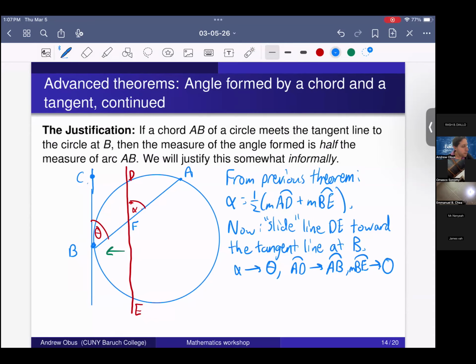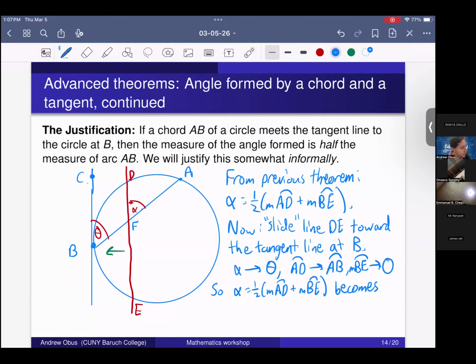So the equation alpha equals 1/2 the measure of AD plus the measure of BE is still valid no matter how far I slide it over. And so in the limit, when I slide it over all the way, what does this become?